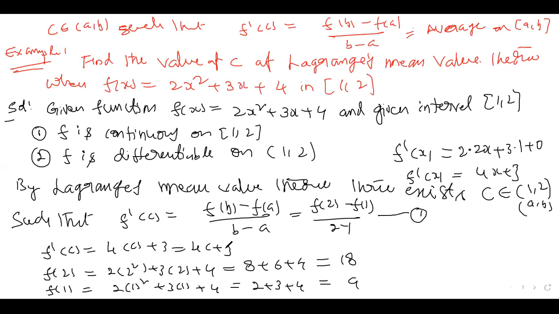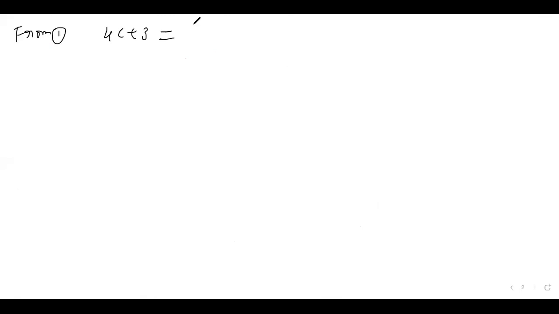So 4c plus 3 equals f of 2 minus f of 1 by 2 minus 1, that is 18 minus 9 by 2 minus 1. That means 4c plus 3 equals 18 minus 9, which is 9, by 1.